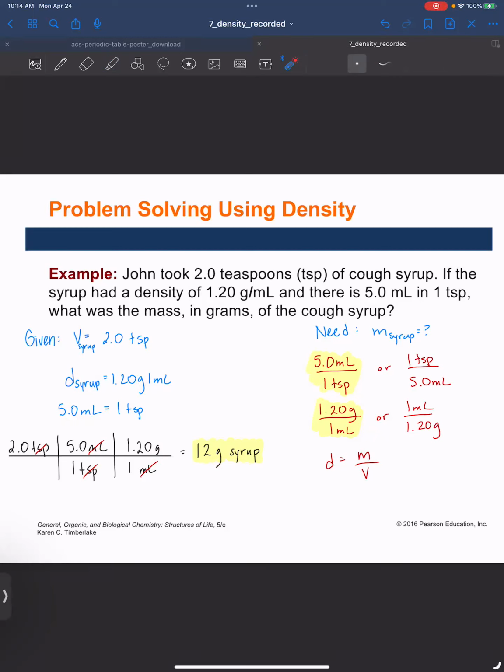I'm going to stick with using dimensional analysis primarily because when you learn about chemical reactions and stoichiometry in a later video, you will be using the same technique of dimensional analysis to solve those problems confidently.